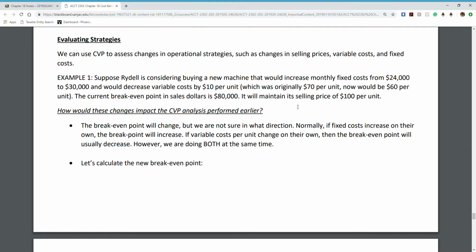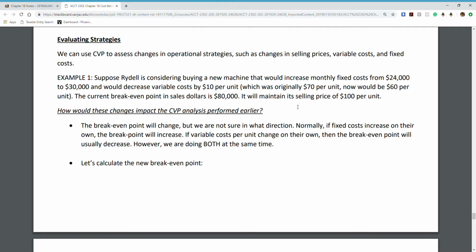The new machine would increase monthly fixed costs from $24,000 to $30,000, and would decrease variable costs by $10 per unit, which was originally $70, so now it's $60. The current break-even sales dollar is $80,000. The selling price will remain $100 per unit.